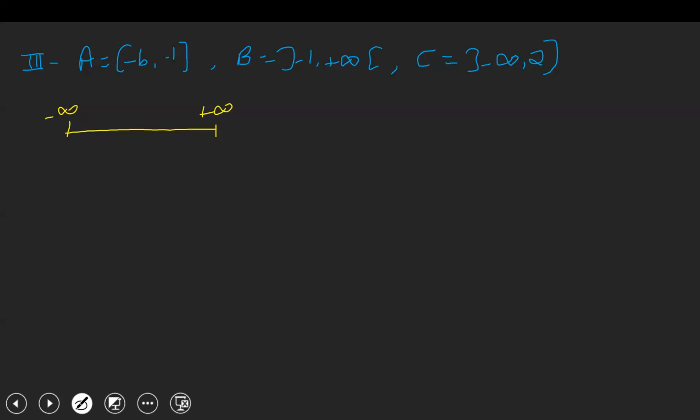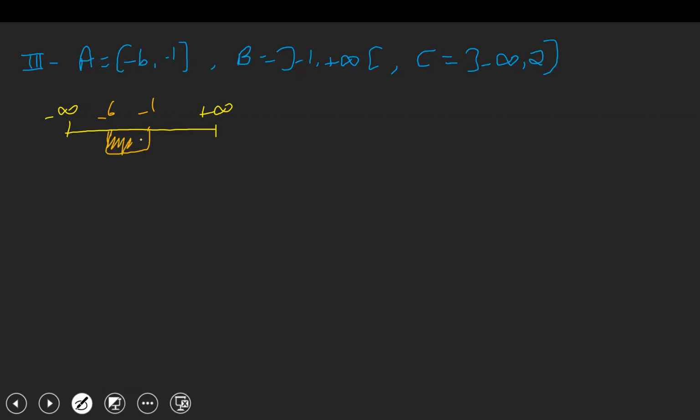We have A, set from minus 6 to minus 1. This is minus 6, for example, and this is minus 1, let's say. So it's a set of numbers included between minus 6 and minus 1.